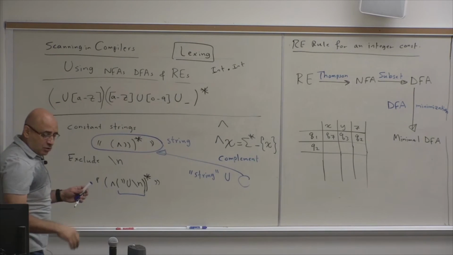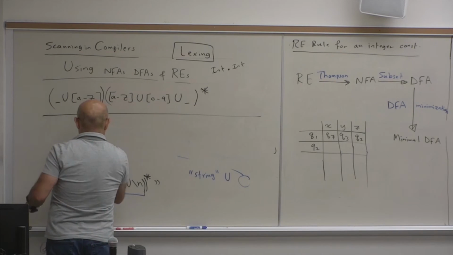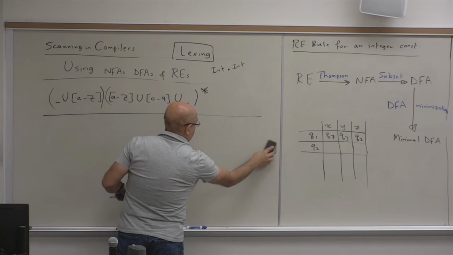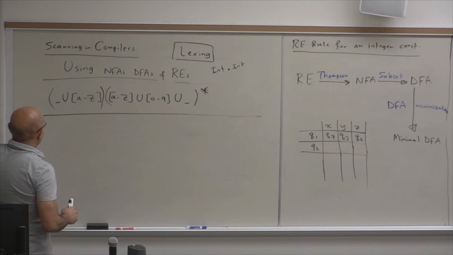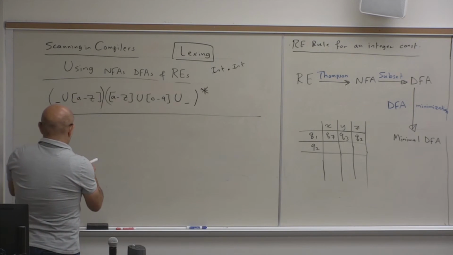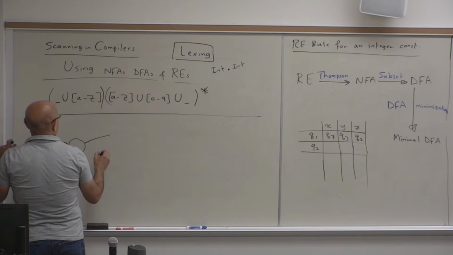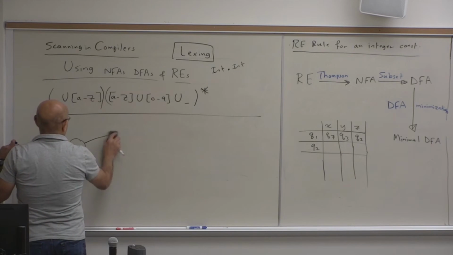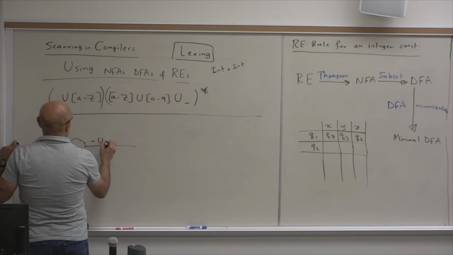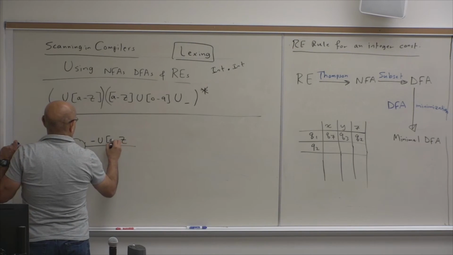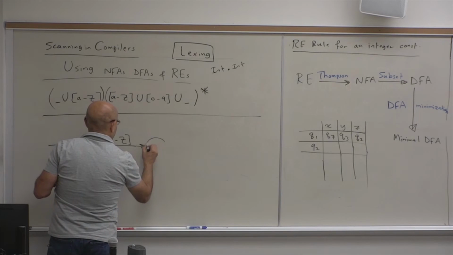So for example, just to show you what the NFA for this will look like. This is your start state, and you will start with either an underscore or A to Z, and then this takes you to another state.